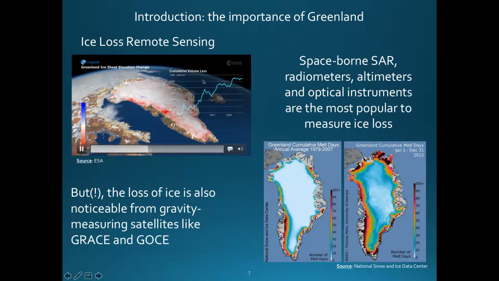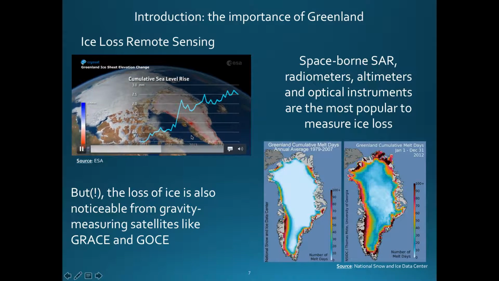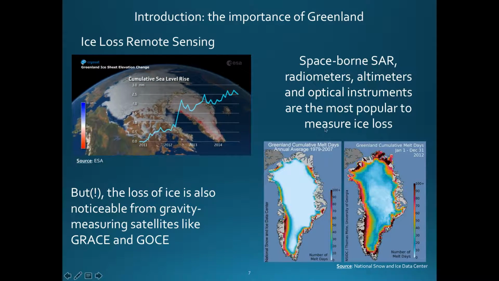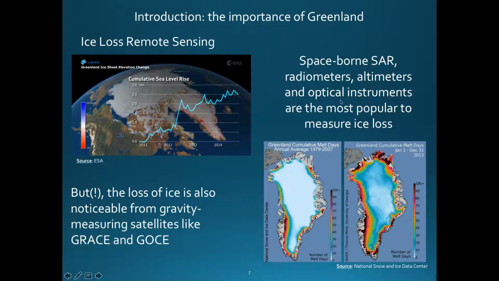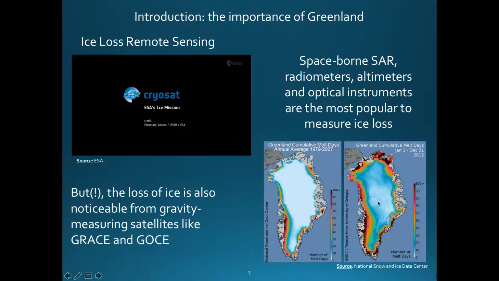You can look at the glacier front and understand how it's receding in time. Because these measurements are so precise, we can also understand what is the cumulative sea level rise. So with the loss of ice in Greenland, how much is the sea level actually rising to that equivalent mass? And of course, the melting season in Greenland is increasing, so we have more days of melting than before.